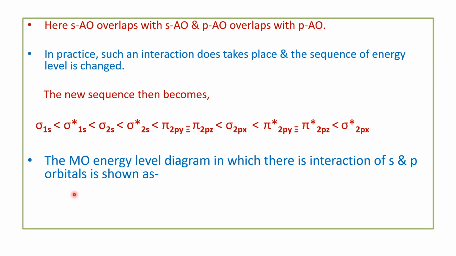So let us see the second diagram, that means the MO energy level diagram in which there is interaction of the s and the p atomic orbital. This is figure B. You have to just remember figure A and figure B. Figure A means there is no interaction between the s and the p atomic orbital, whereas figure B means there is interaction between the s and the p atomic orbitals.